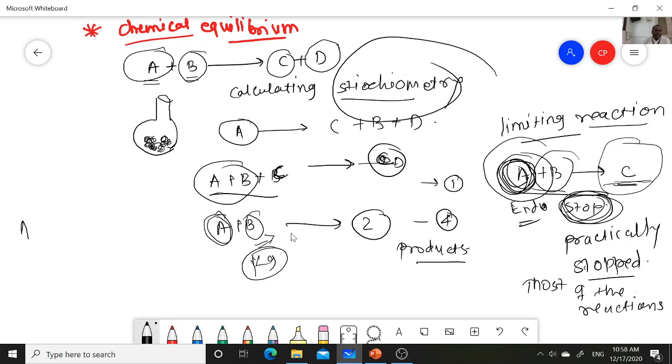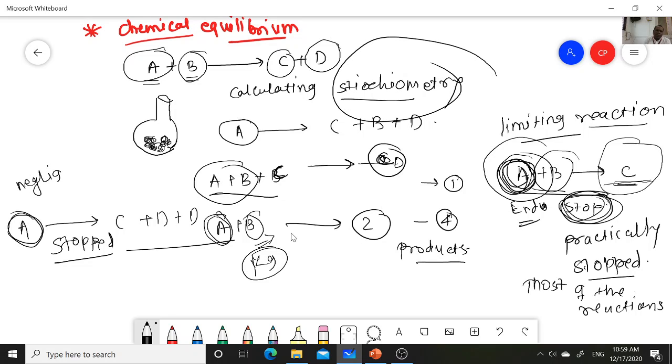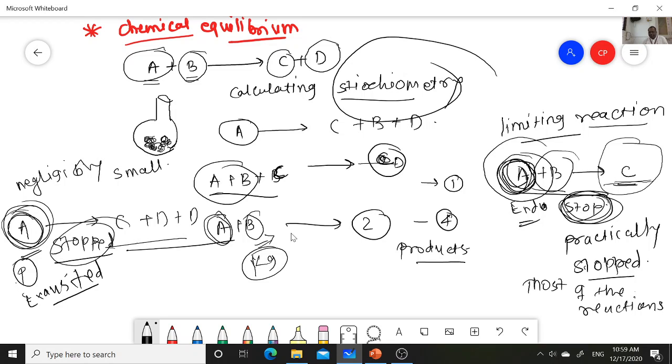If only one reactant is there and C plus D plus etc., 4-5 products are forming, we can say the reaction is stopped when the concentration of A is negligibly small or practically exhausted. We can say that this reaction is stopped, right?